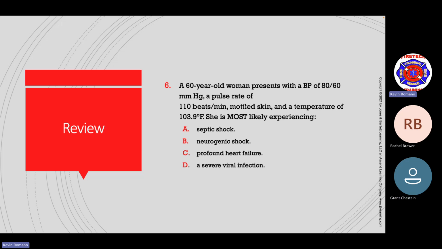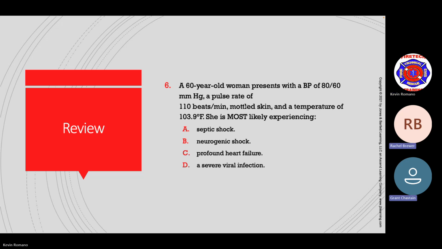A 60-year-old woman presents with a blood pressure of 80/60, a pulse rate of 110, mottled skin, a temperature of 103.9. She is most likely experiencing septic shock, neurogenic shock, profound heart failure, or a severe viral infection. A. Everybody's going with A?